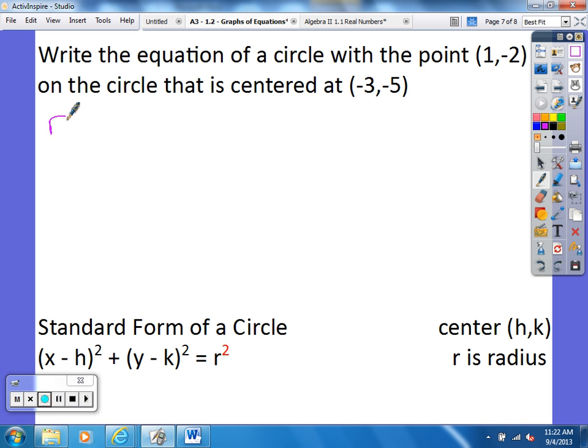I'm just going to say the radius is 5. Does that make sense? I'll show that in a second. All we've done so far is use the distance formula that you learned yesterday. So you just plugged those 2 points into the distance formula.